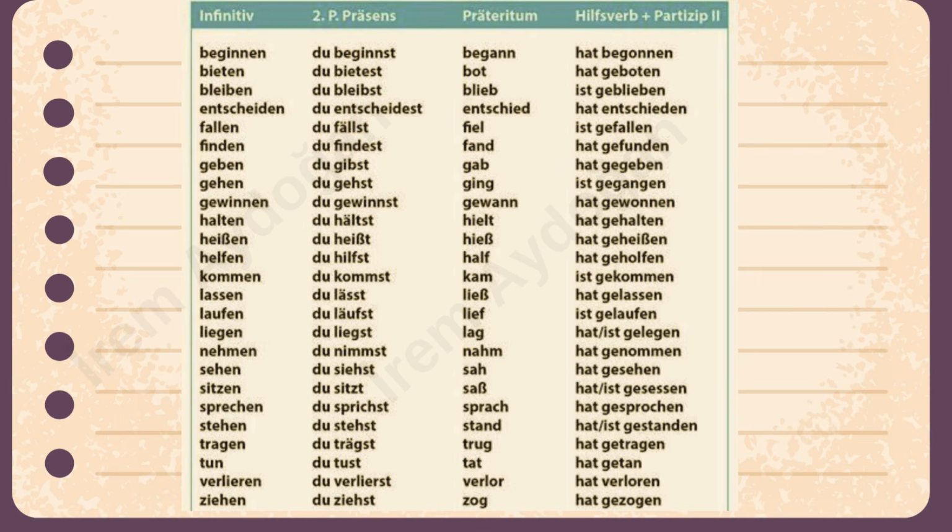Infinitive, beginnen, begann; bieten, bot; bleiben, blieb; entscheiden, entschied; fallen, fiel; finden, fand; geben, gab; gehen, ging; gewinnen, gewann; halten, hielt; heißen, hieß; helfen, half; kommen, kam; lassen, ließ; laufen, lief; liegen, lag; nehmen, nahm; sehen, sah; sitzen, saß; sprechen, sprach; stehen, stand; tragen, trug; tun, tat; verlieren, verlor.